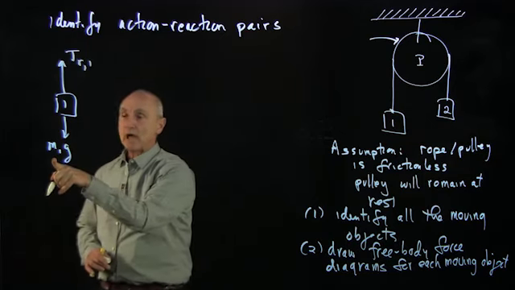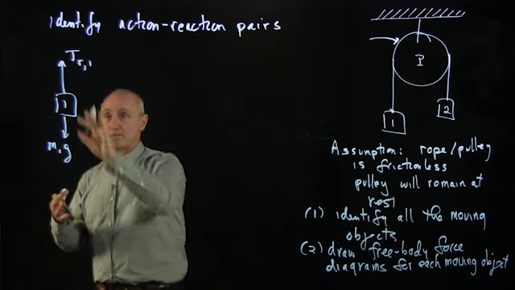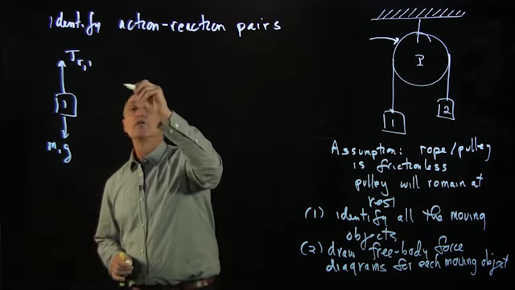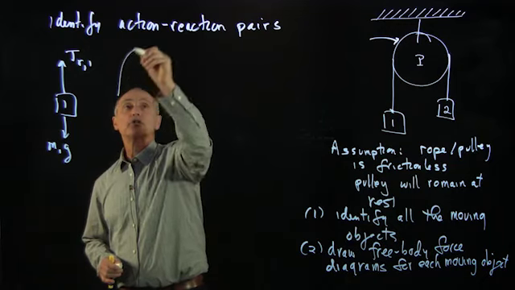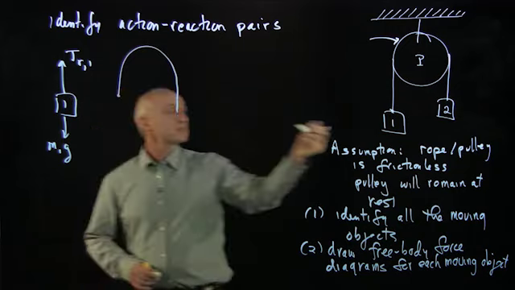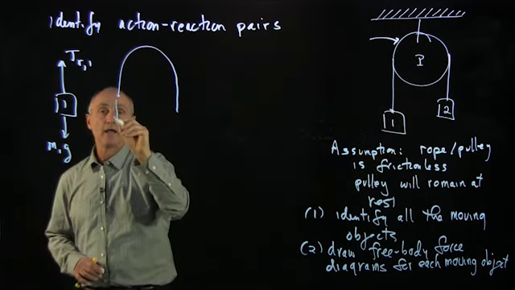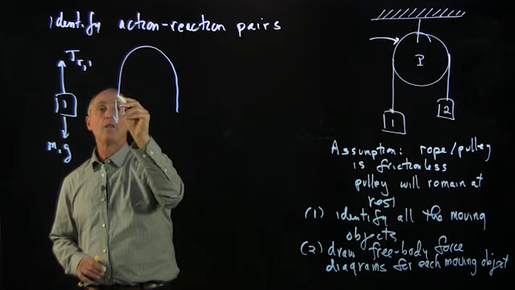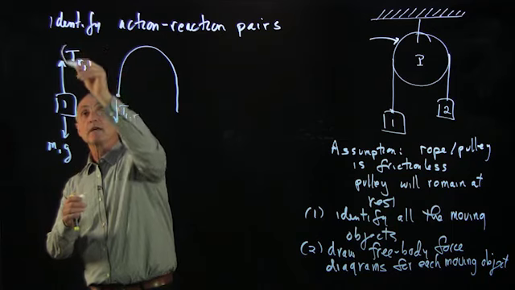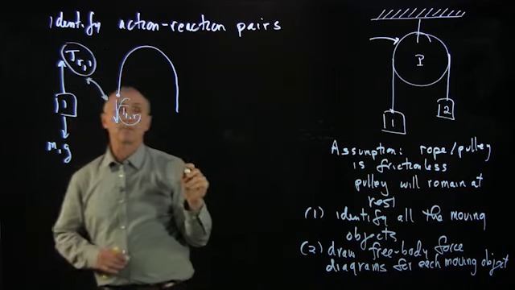So the action-reaction pair to m1g is the force of this mass on the Earth, which we're not considering. What about the rope? So now let's draw a picture of our rope. And this object here, object 1, is pulling the rope down. And so we have on the rope object 1 pulling it down, and this is our action-reaction pair.